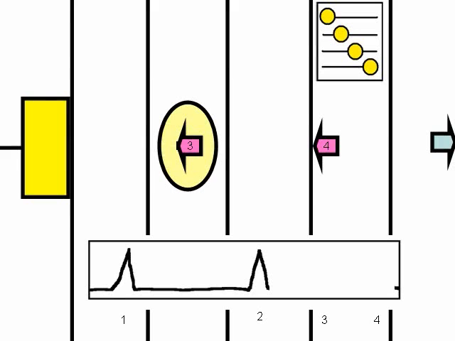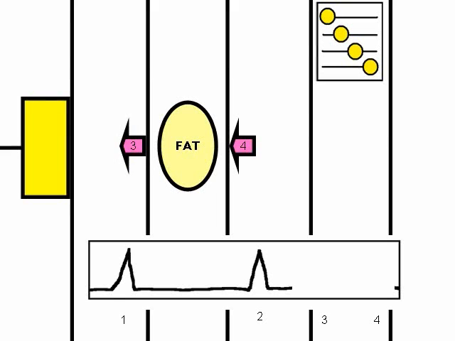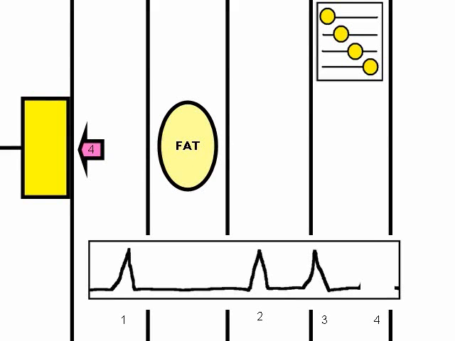And when the second echo comes to the transducer, the machine puts more distance than the real distance, because the machine uses the range equation, and the range equation uses the propagation speed in soft tissue, and fat is slower than soft tissue, so the echo is not in the correct position. The same happened with echo number 3, and the same happened with echo number 4.